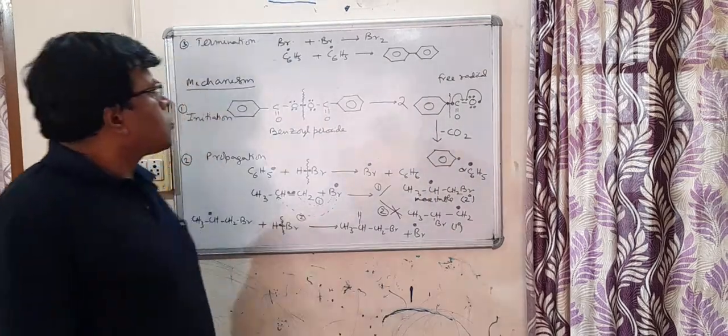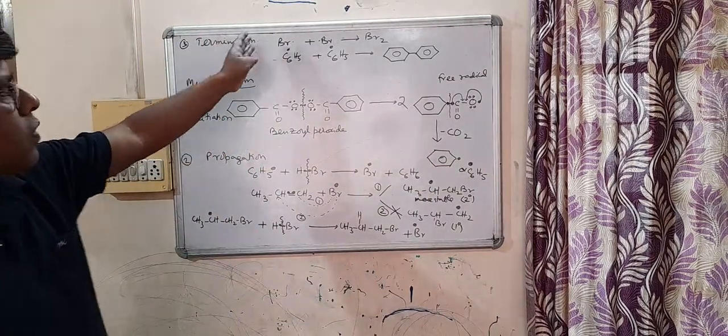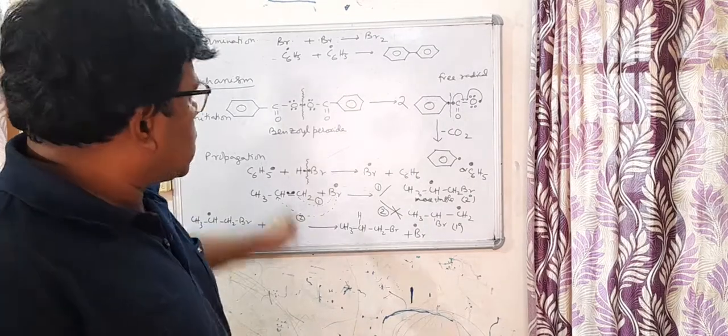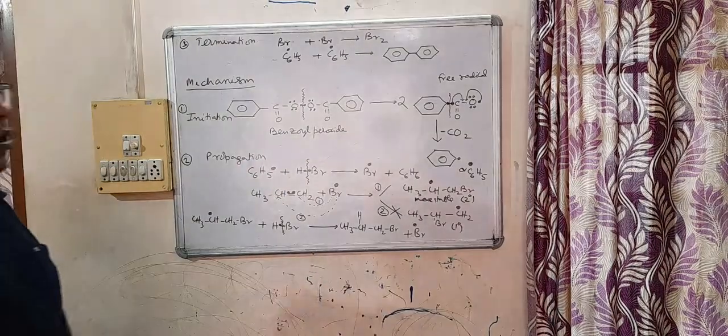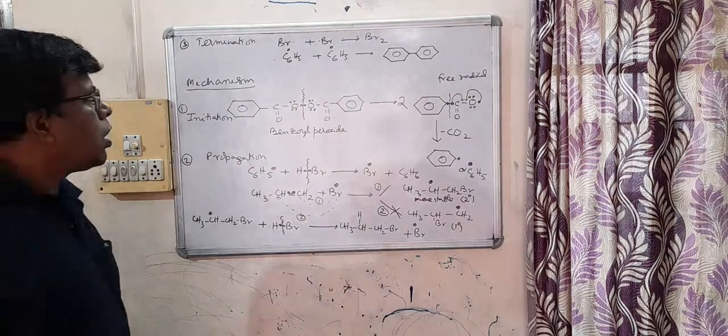So termination means disappearance of the free radical. So this is the mechanism of the peroxide effect or Kharasch effect.